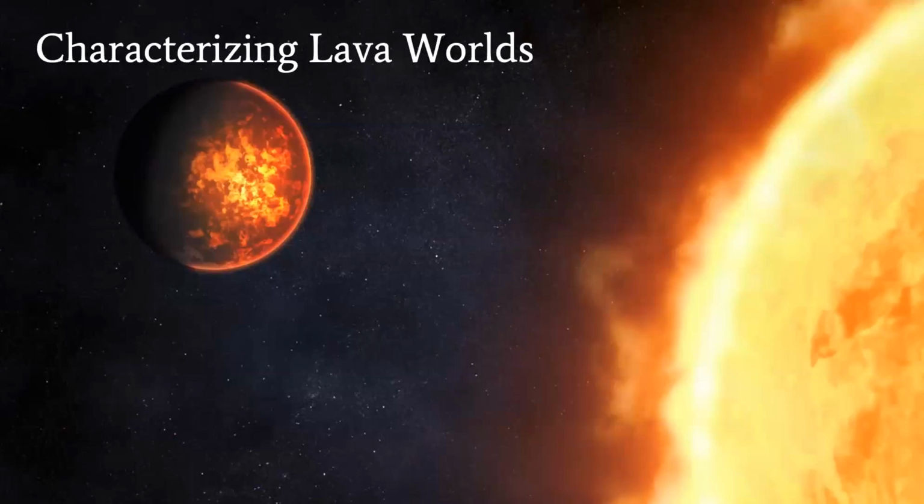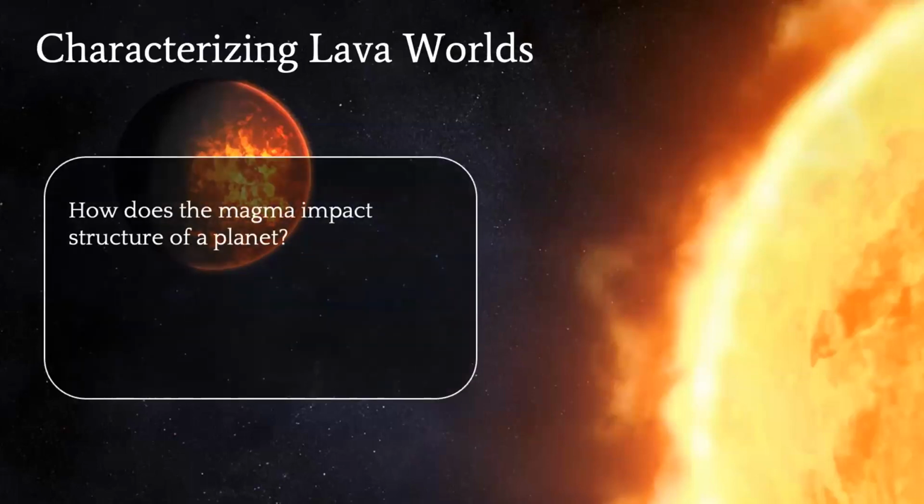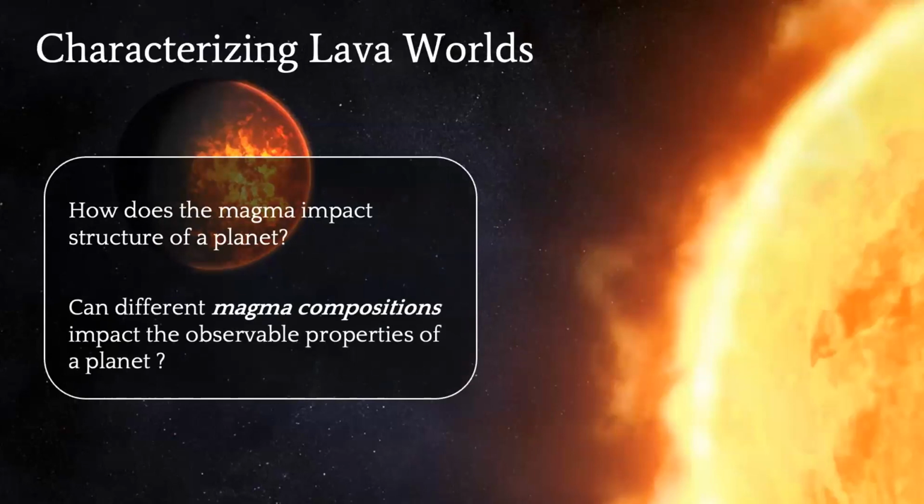And so when we're thinking about characterizing these lava worlds, we have these strange planets like 55 Cancri e. And if we assume that they have magma on their surfaces, we start to ask the question, how much does magma actually impact the structure of these planets, as well as how does the magma composition impact the observable properties of these planets?